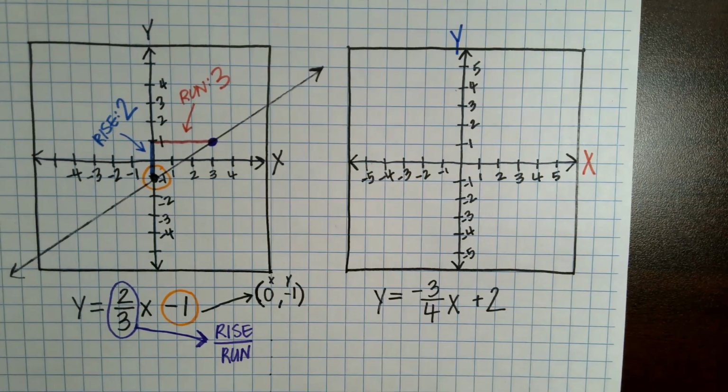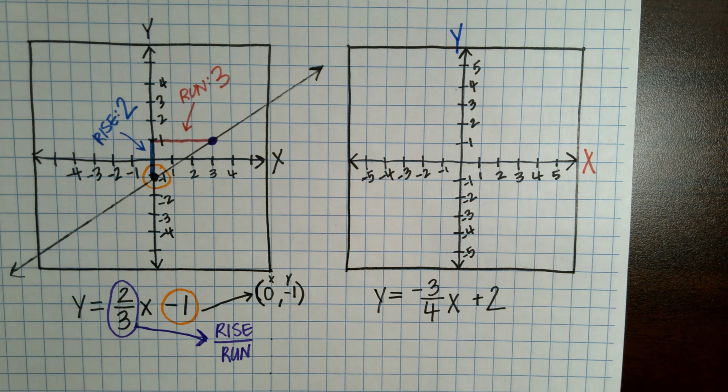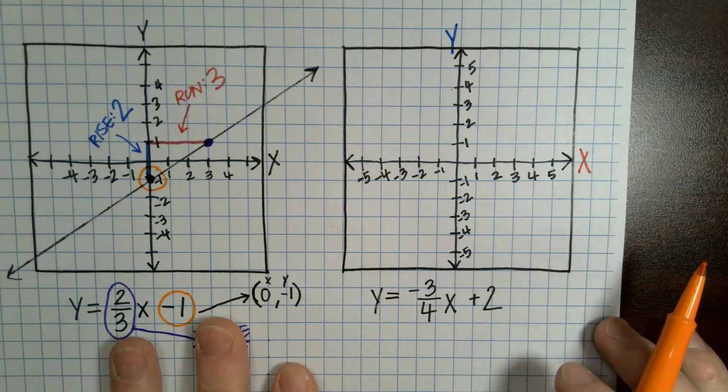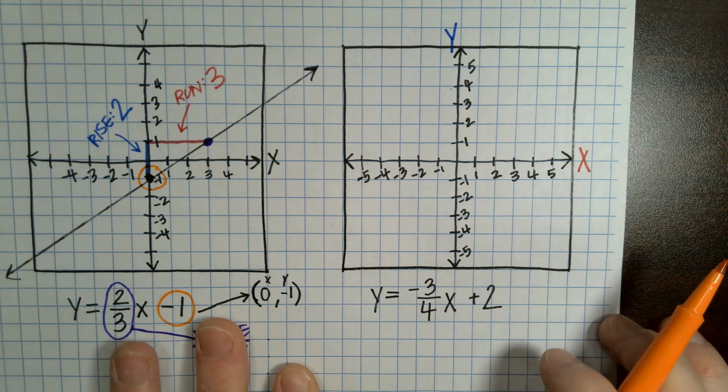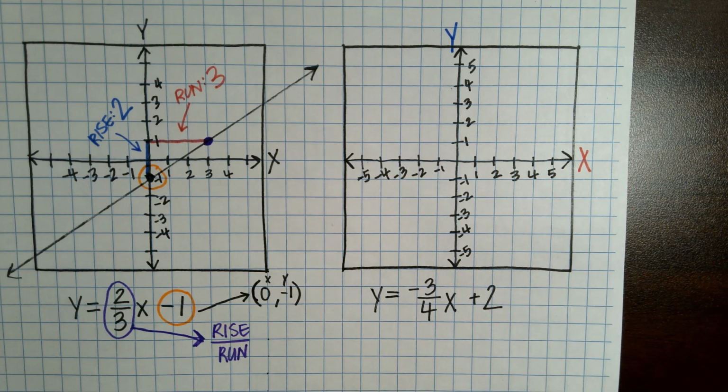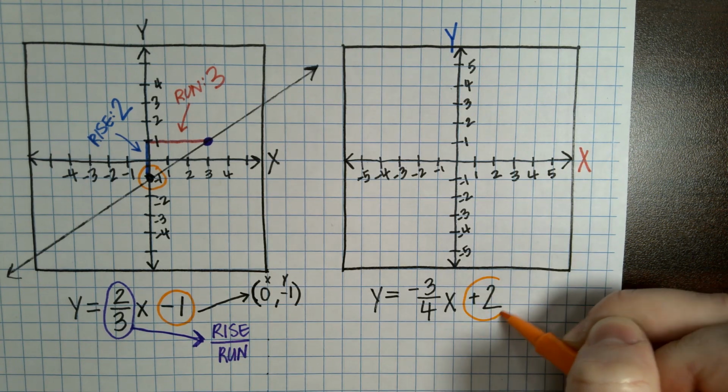All right, I'll give you guys a minute to get to that point with me. All right. Where are we going to start? Plus 2. I'm going to circle that.